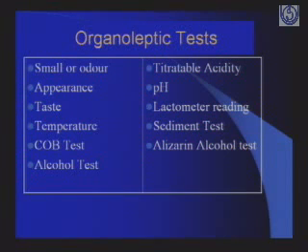If milk is not sufficiently stable to heat, it will coagulate when mixed with alcohol. Then the other test is titratable acidity. You can titrate a known amount of milk, say 10 ml, with N/10 NaOH, and you can know whether the milk is acidic or not.